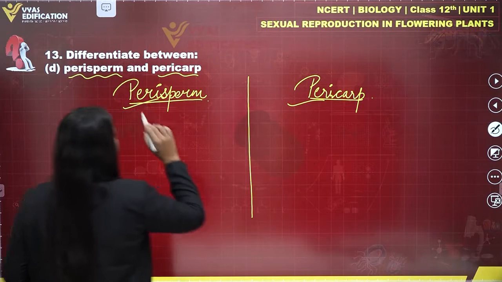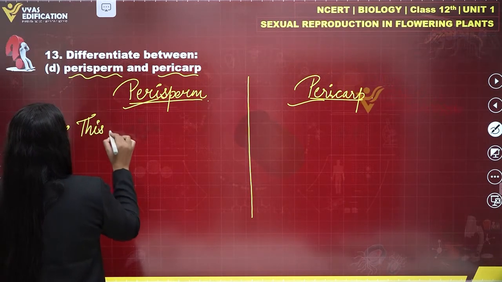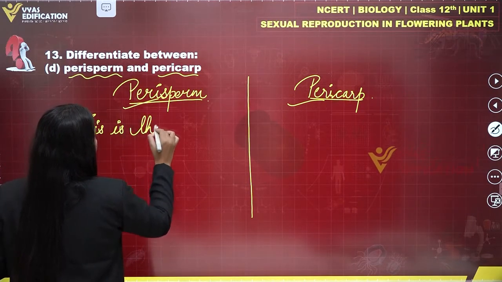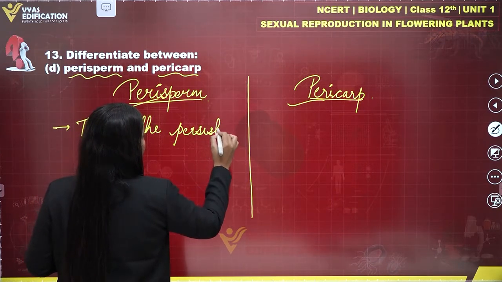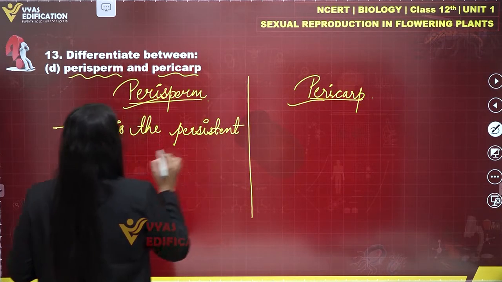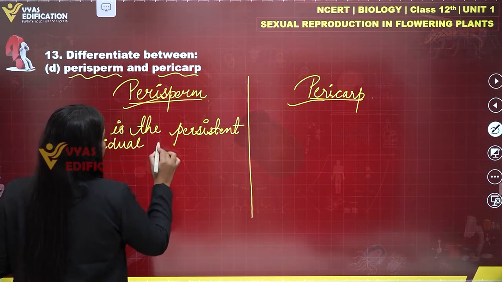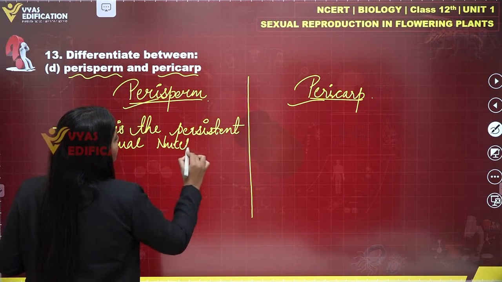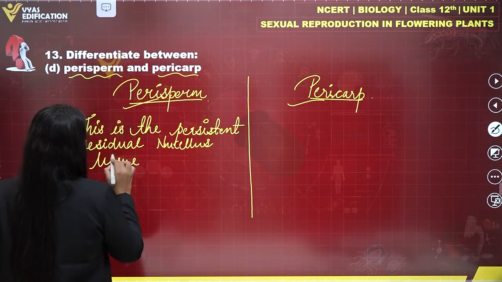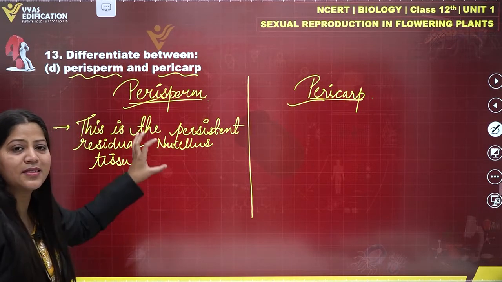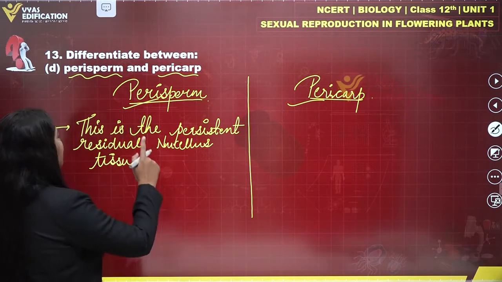Alright, if we talk about perisperm, then this is the persistent residual nucellus tissue. This is the definition of perisperm. What is perisperm? This is the persistent nucellus tissue in the seed, which is known as perisperm.